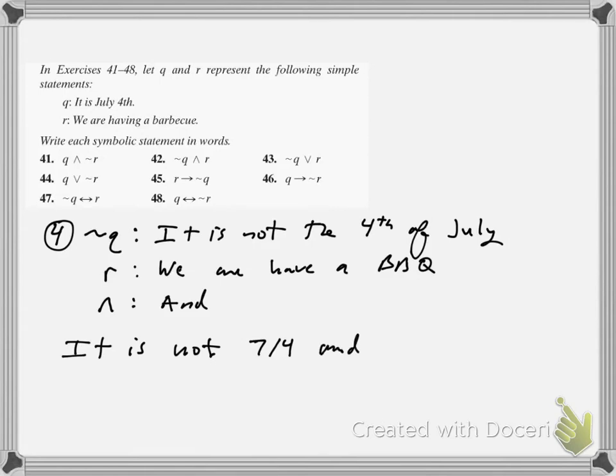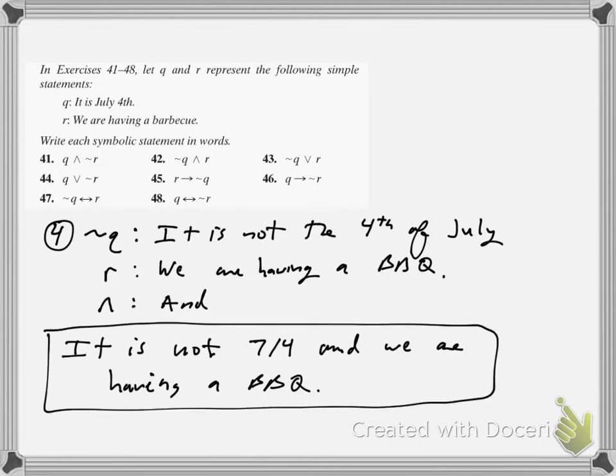And we are not having a BBQ. So that means it's a day other than 4th of July, and we're not having a barbecue. Oh, sorry, my bad. It's wrong. And we are having a barbecue. My bad. I didn't negate that. Let me fix this. Having a barbecue. I put not in there. It shouldn't be. So this is my final statement right here. So that's how I do the symbolic logic.